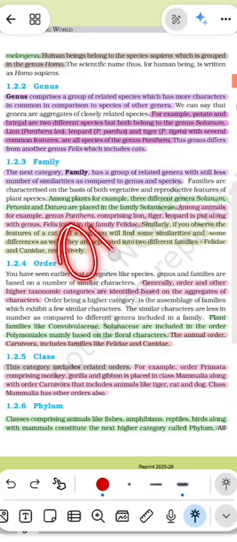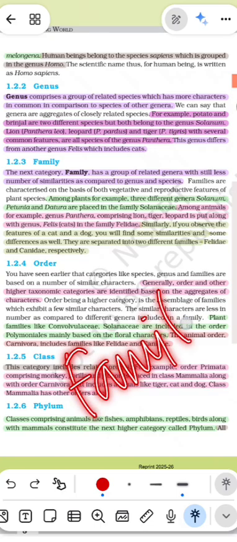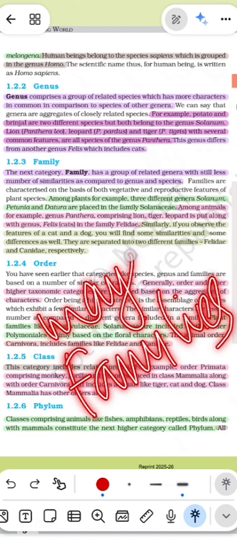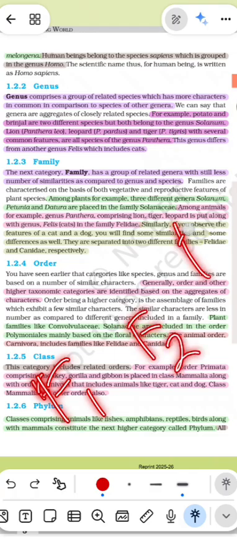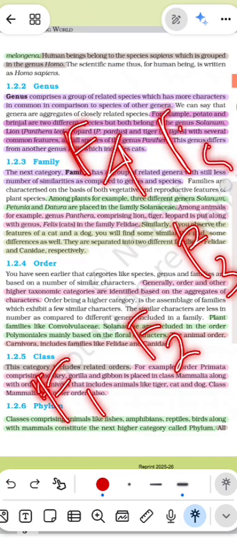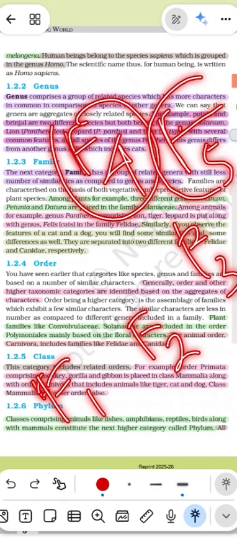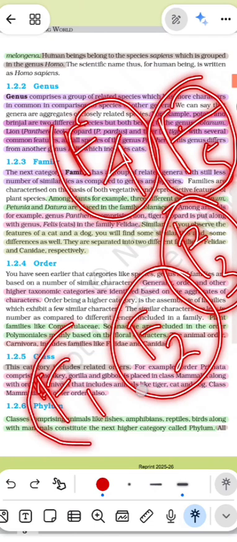So order is a category and collaboration of many families. Many families together form, family number 1, family number 2, family number 3, family number 4, family number 5. Such families together form order.